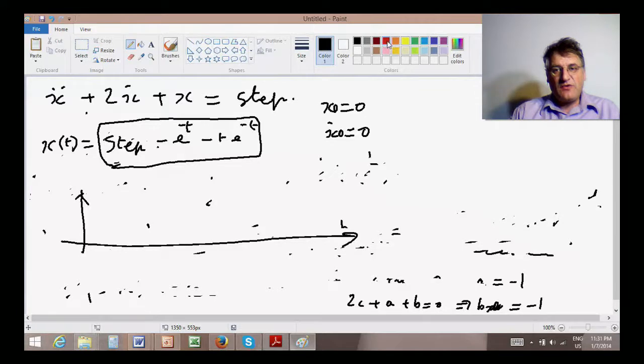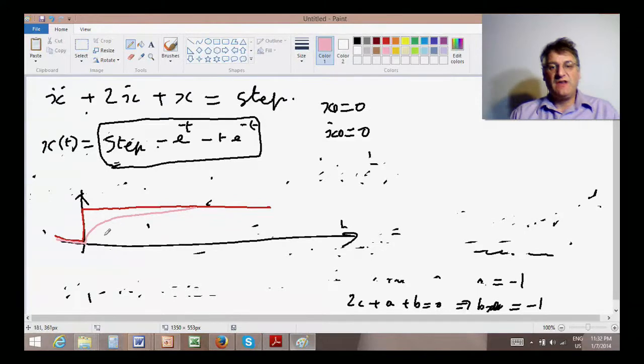So here's the step coming into action, and then boom, and the response of the system is something like this. Up, and then like that. It looks like a step and eventually becomes a step, because all these terms go to 0. It goes there asymptotically.